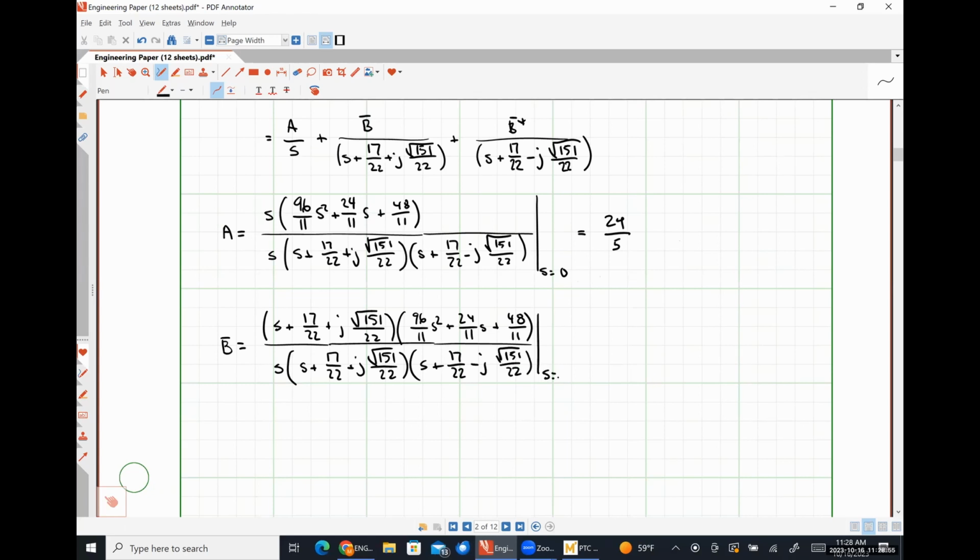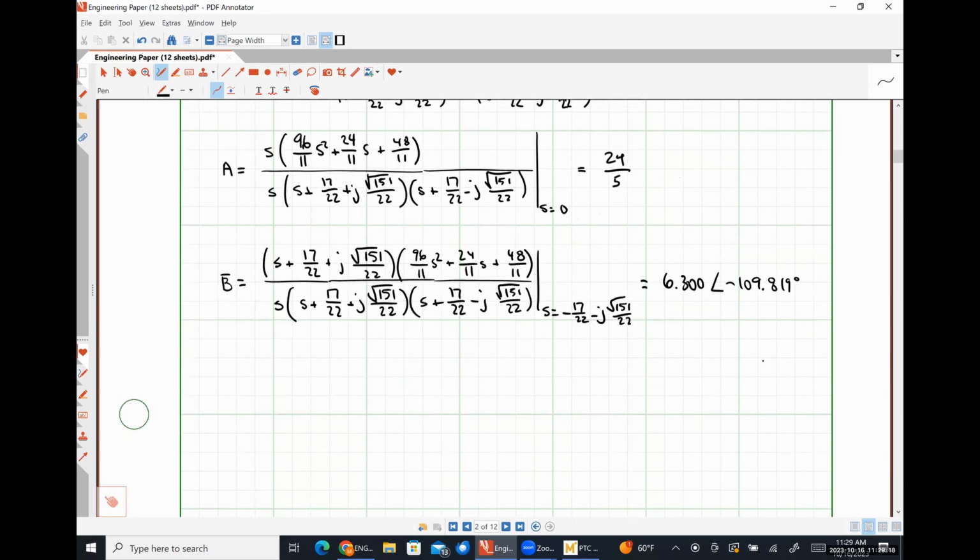This is the one that is evaluated at negative 17 over 22 minus j root 151 over 22. And here I got 6.300 with an angle of negative 109.819 degrees.